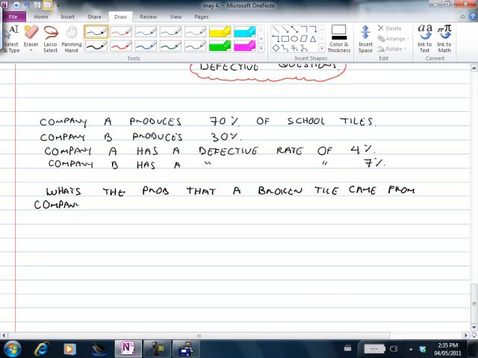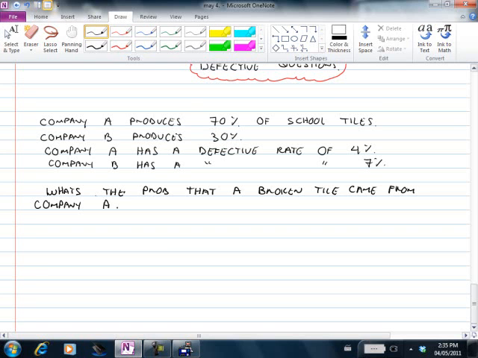Let's explain this again. I have this massive pile of tiles. I reach in, pick one, and notice it's broken. What's the probability that this tile came from company A?